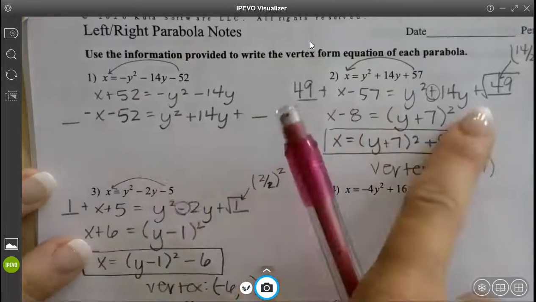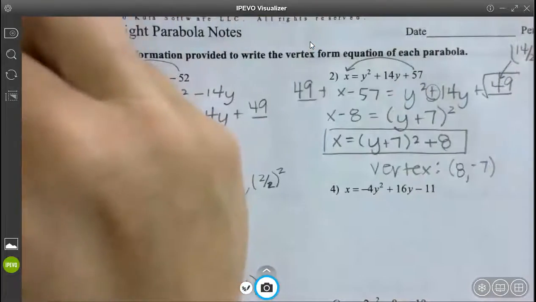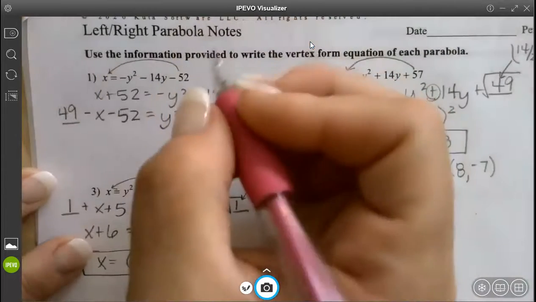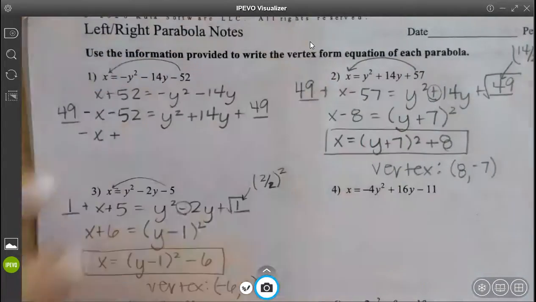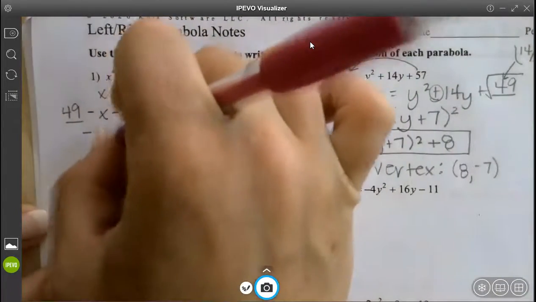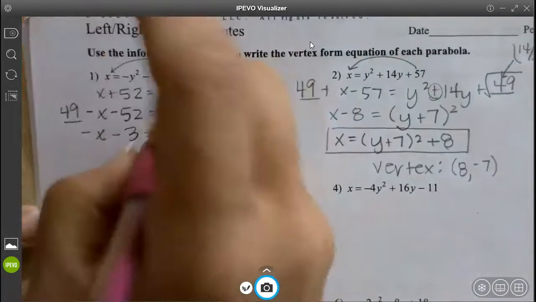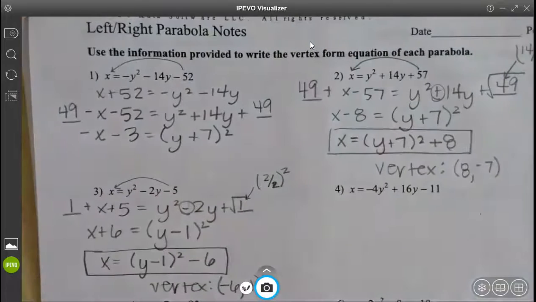We've already done this over here. 14 divided by 2 is 7, squared is 49. Rewrite it. 49 minus 52, sorry, is a -3. Y plus 7 squared.